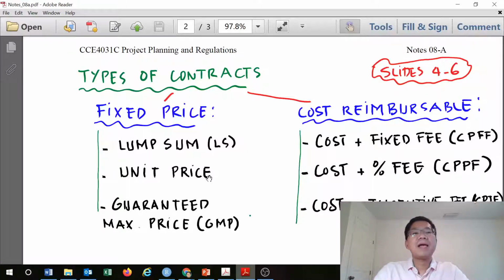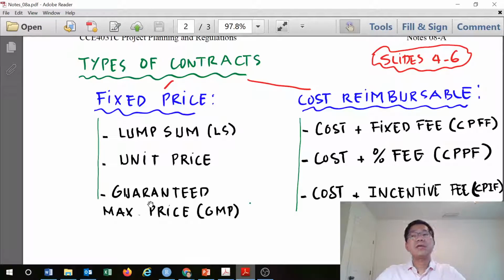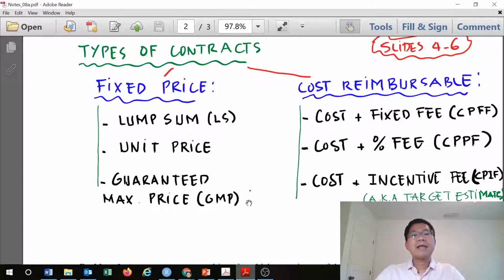It typically applies to projects with uncertain quantities of work, like a highway, which requires a lot of backfilling and filling. And the third in fixed price is the guaranteed maximum price, GMP, where we want some certainty in terms of the final cost of the project. This type of contract is applied a lot in major projects at FGCU.